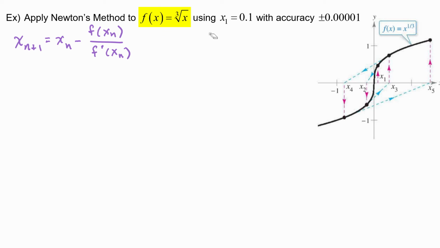Given that f of x is the cube root of x, which of course is x to the 1/3 power, then f prime of x is going to be 1/3 x to the negative 2/3, which we can write as 1 over 3 x to the 2/3.